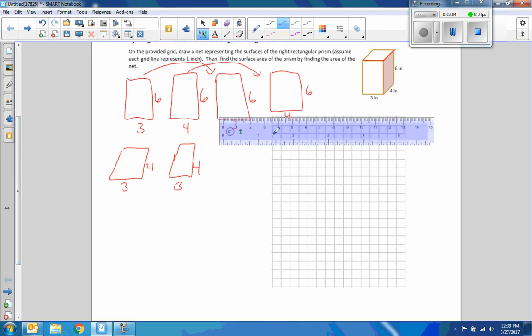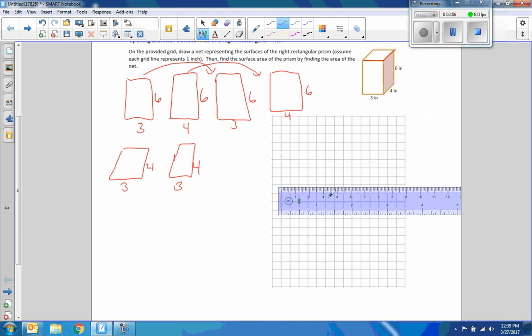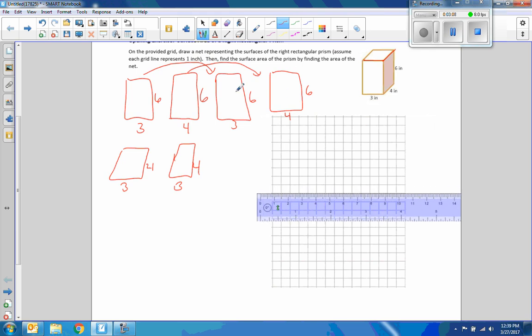Precision is very important. And I am going to start off with my left piece. This is my left piece. This was my front. This was my right. And this was my back. And this is my top. And this is my bottom. Front, right, left, back, top, bottom.